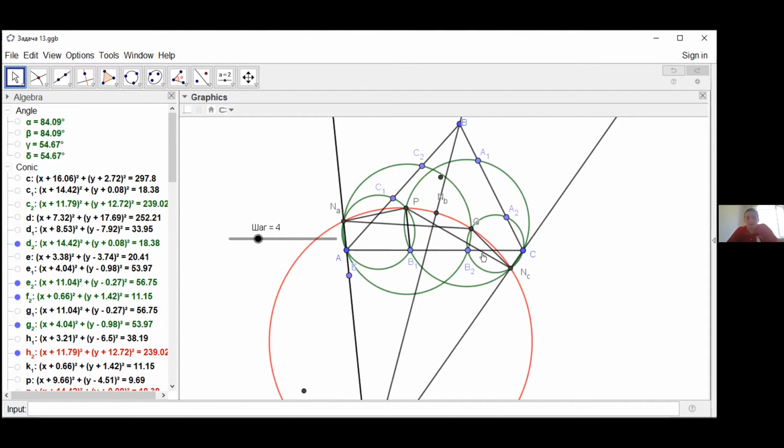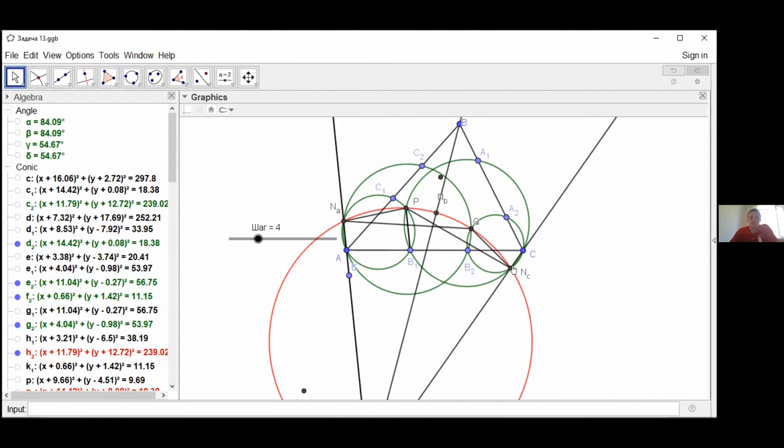By the way, this red circle, at least in Russian, is called the circle of similarity of three figures.